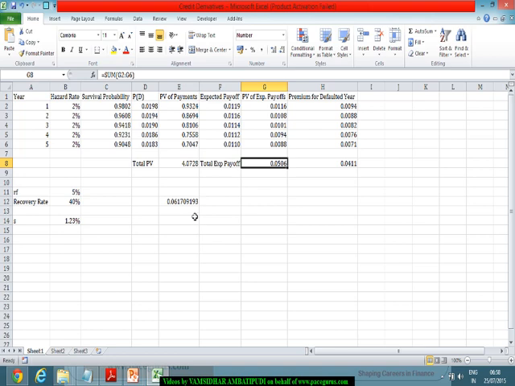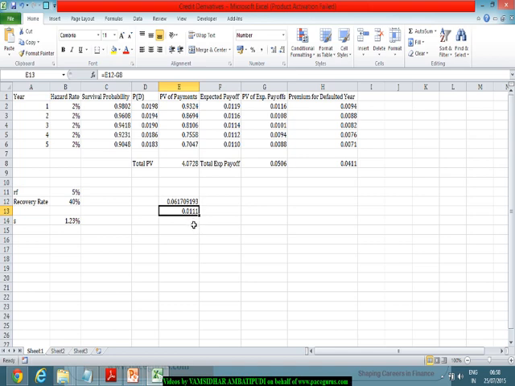And what is that to the extent of? It is to the extent of this much, 0.0111, or 1.11%. So the buyer is paying more by 0.0111 times the principal.